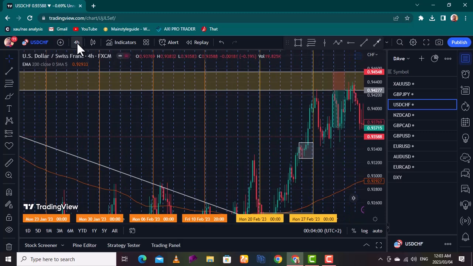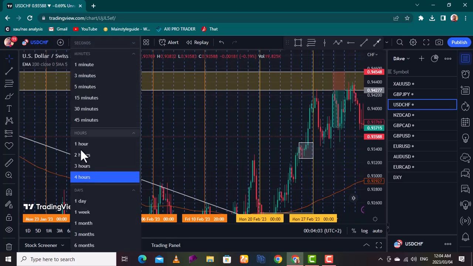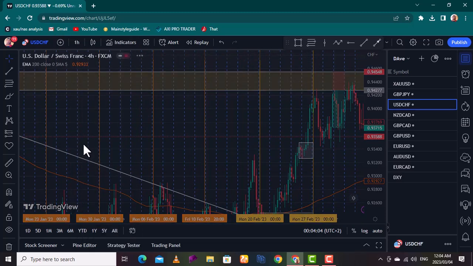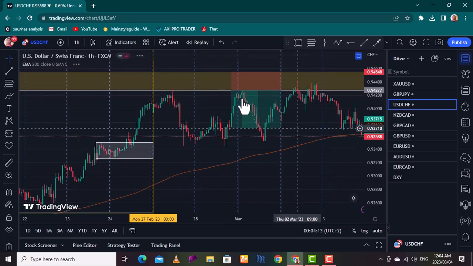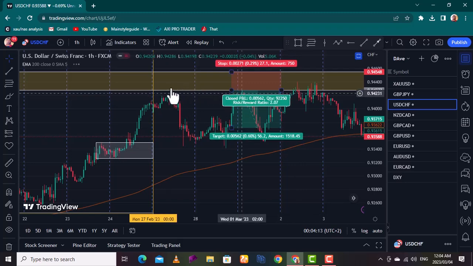All right, and now onto the hourly time frame. This was my break-even trade, guys. Full transparency, this was my break-even trade. So we see on Monday and Tuesday we get equal highs, okay.